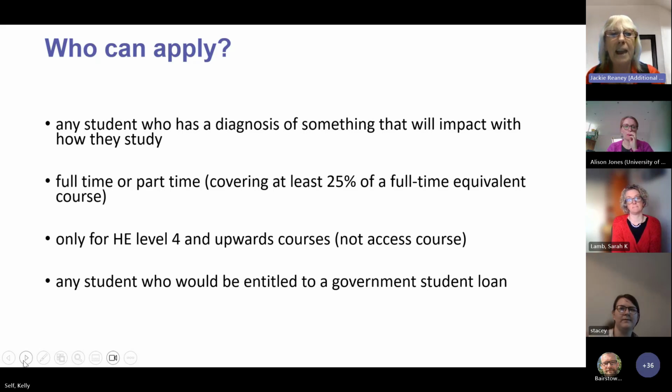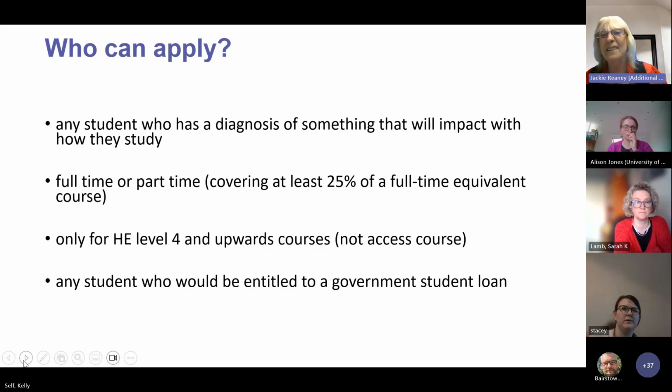So it's there for full-time and part-time students, as long as the applicant is doing at least 25% of a full-time course. It is only for level 4 and above. So if you're on a level 3 course, even if it's called, we've got a few called access to art and access to health, they sound like they should be covered by disabled students allowance, but they're not.